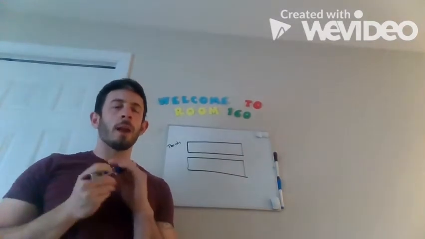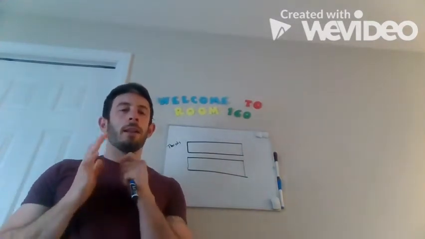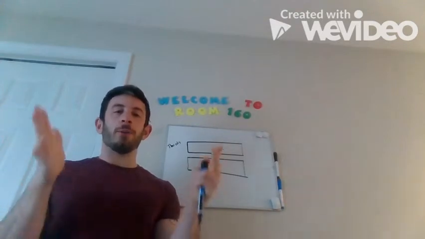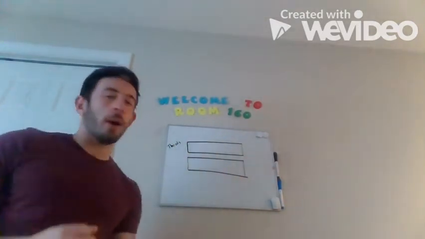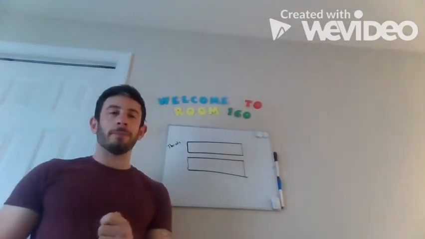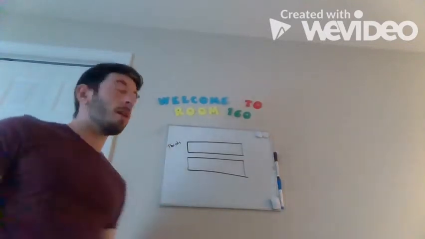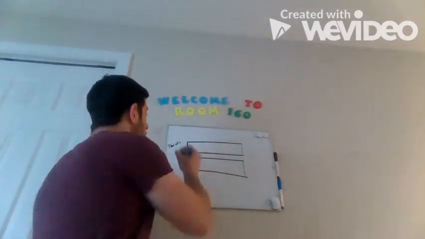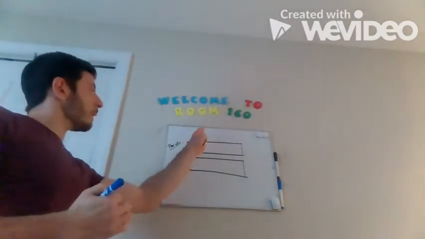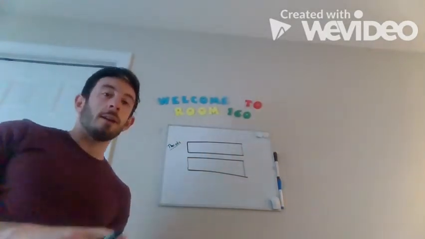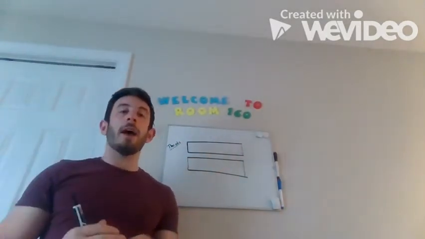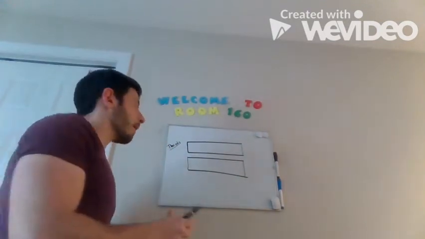Pause the video. How many lines should you draw in order to partition this hot dog into three equal pieces? If you said two, that's correct. Because remember, if we want to make three pieces, we need to cut it twice. Because the amount of times you cut it, you'll have one more piece than the amount of cuts you made.